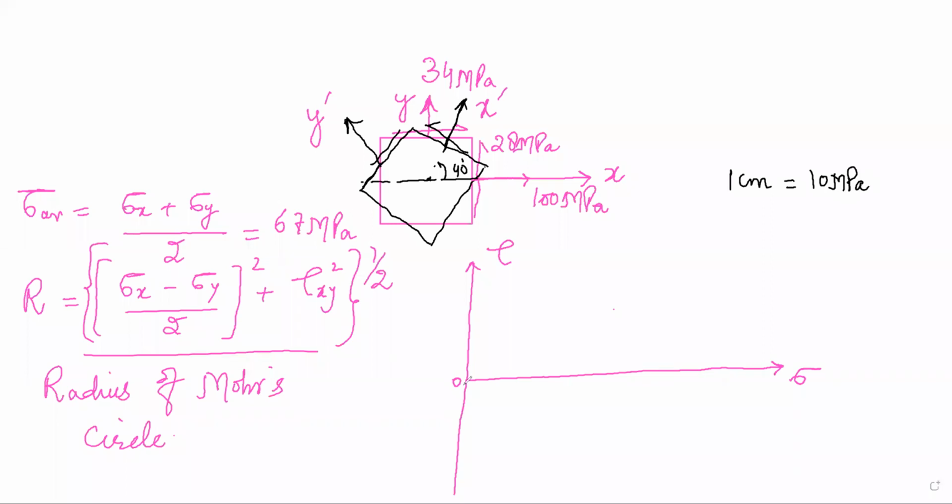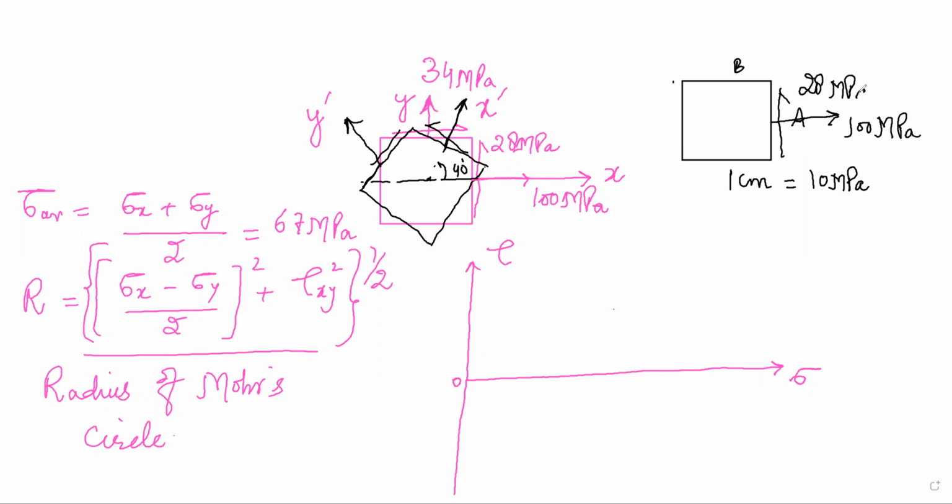So with O as an origin, we have two faces, face A and face B. On face A, we are having a normal stress of 100 megapascal, and a shear stress of 28 MPa.